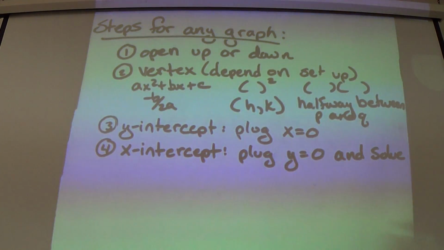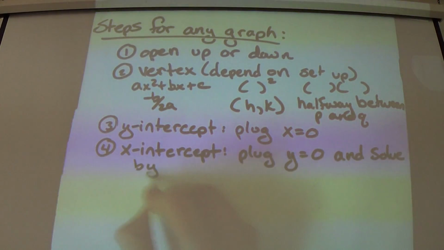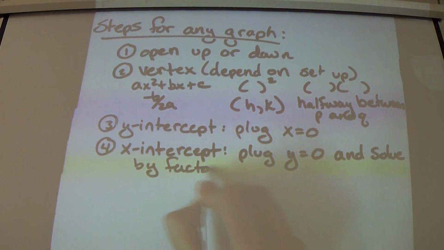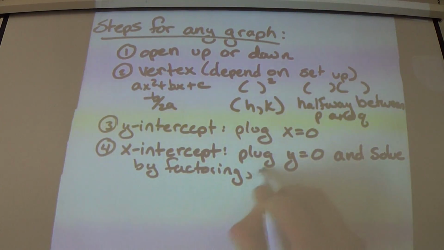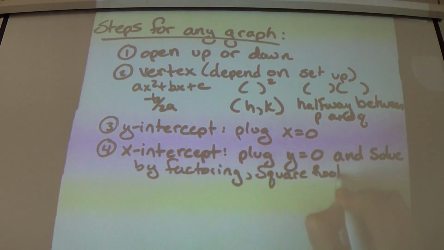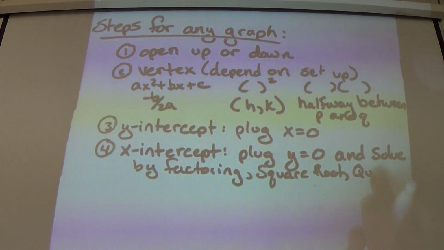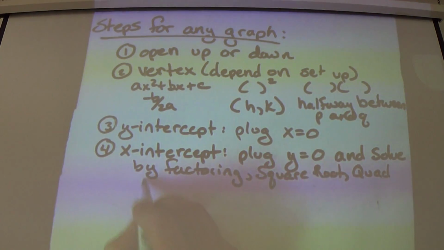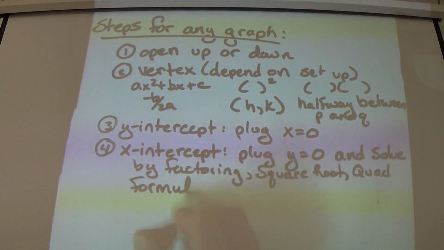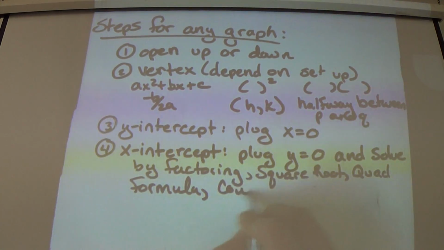And when we solve, we can solve by factoring. You can use the square root method. You can use the quadratic formula. Or if you prefer, you can complete the square.